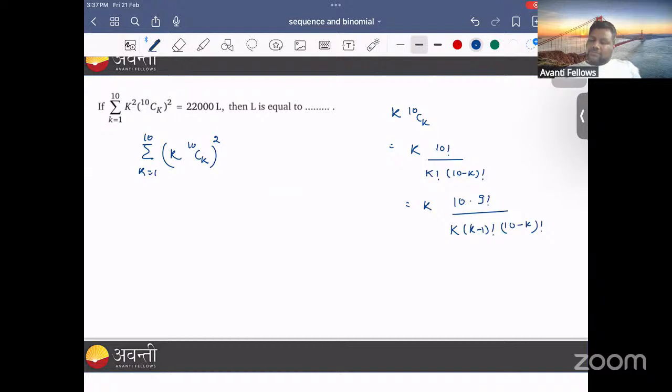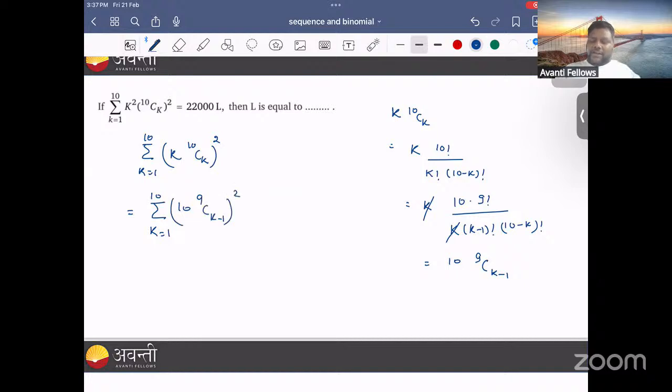Now this k cancelled. So it became 10 times 9Ck minus 1. Got it? So this became sigma k from 1 to 10 of 10 times 9Ck minus 1 whole square.